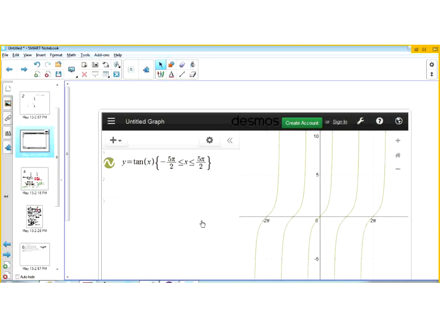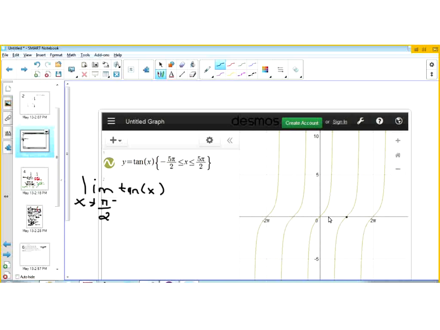The question is, we want to analyze the limit as x approaches pi halves from numbers smaller than pi halves of the tan function. So what is this limit? What do you think this is going to be? Well, we can trace the graph.